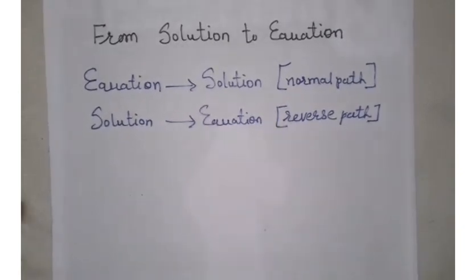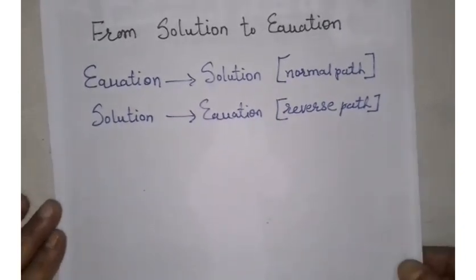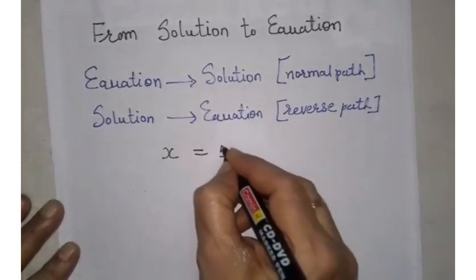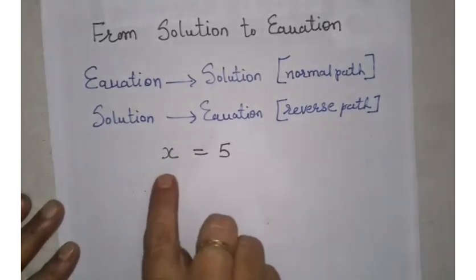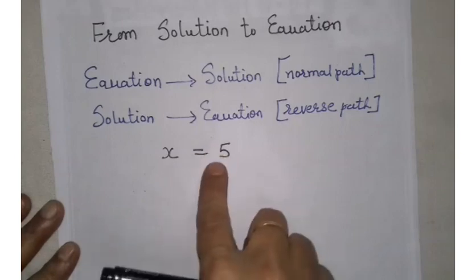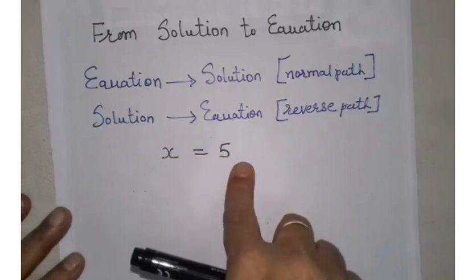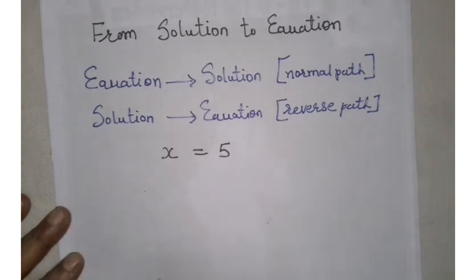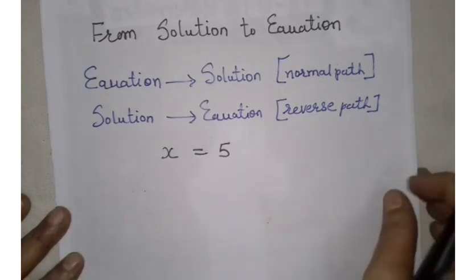Clear, children? Now here the value of x has been given, that is x is equal to 5. Okay, x is equal to 5 means this is the solution of the equation. Now let us try to form an equation step by step.